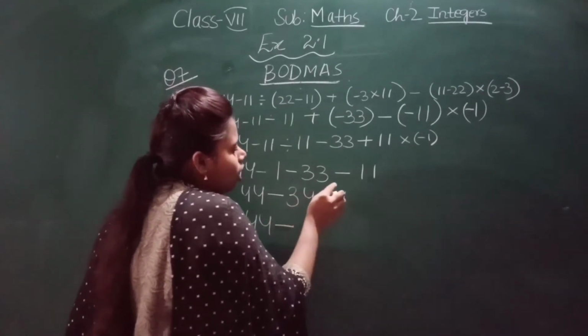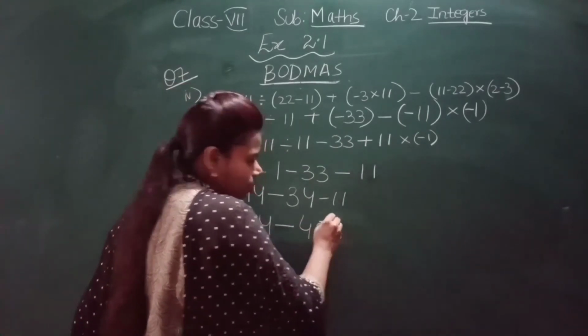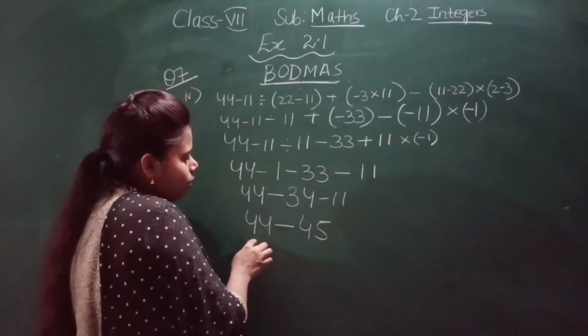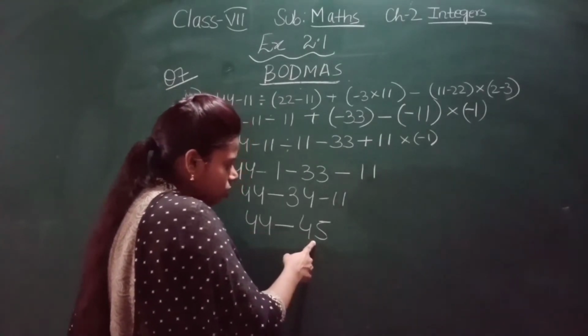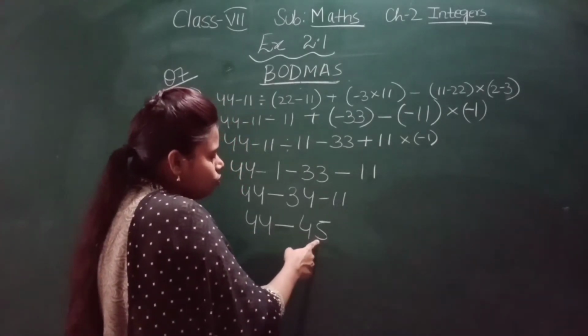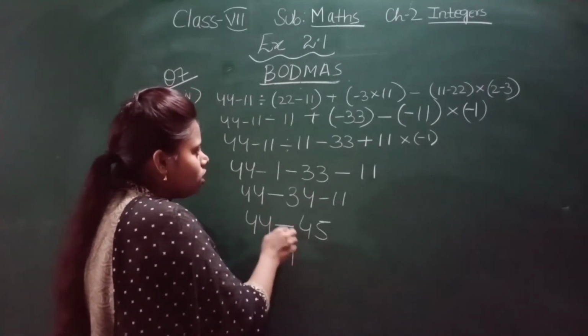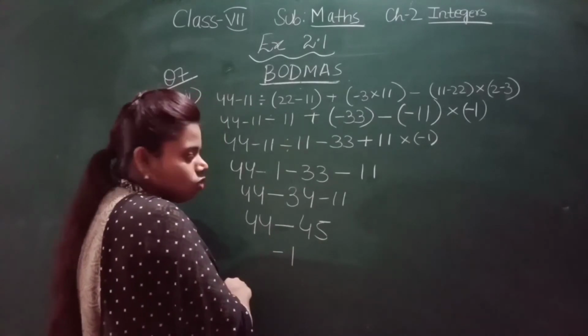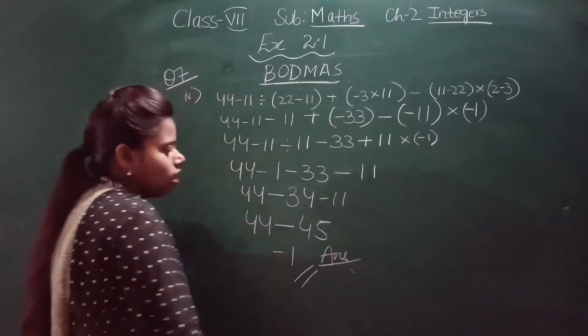Now 34 plus 11, how much will be there? 45. Now you can see this is a positive integer and this one is a negative integer, and this one is 45. So 45 minus 44 will be how much? 1, and the sign we will put is minus. So this is the final answer.